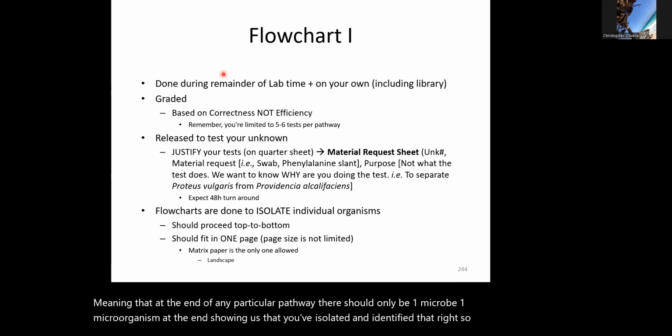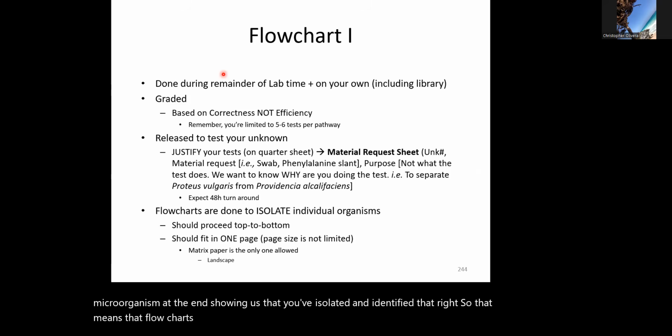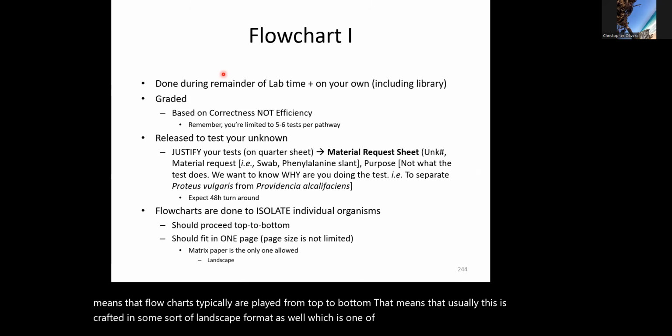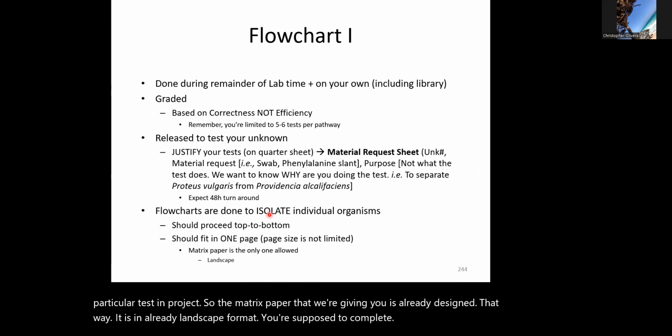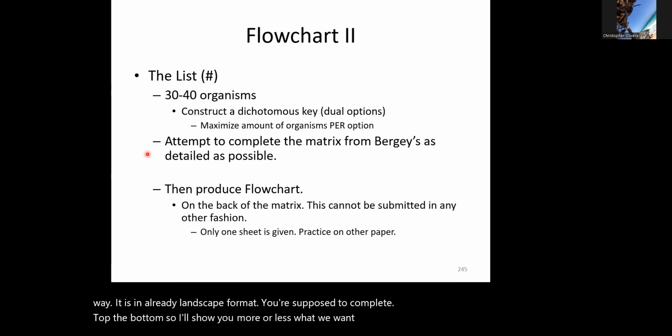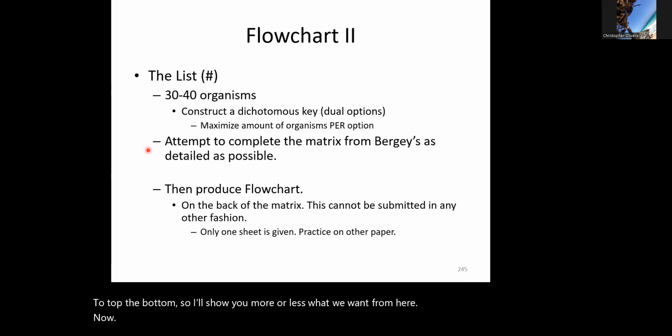So flowcharts typically are played from top to bottom. That means this is usually crafted in a landscape format as well, which is one of the requirements for this project, all right? The matrix paper that we're giving you is already designed that way. It is already in landscape format. You're supposed to complete this top to bottom. I'll show you more or less what we want from here. Now, we're going to provide you with that bug list, which can be any number of the organisms we played with and some additional ones in the lab, right?